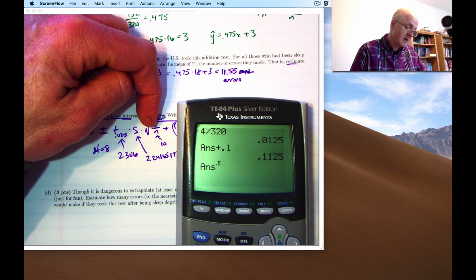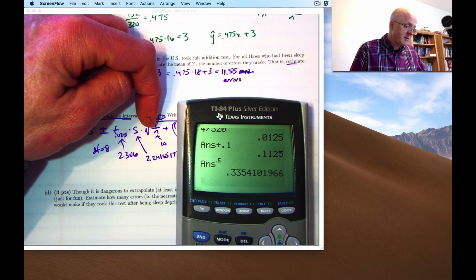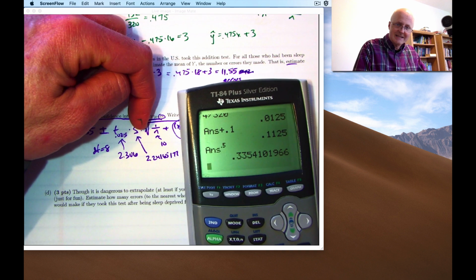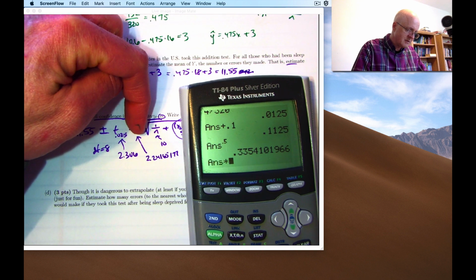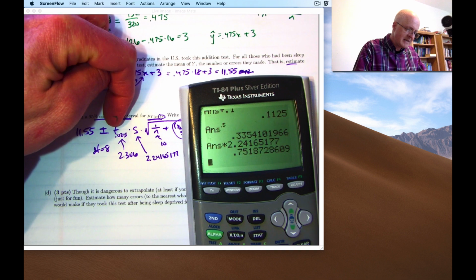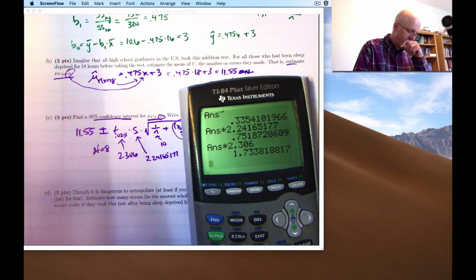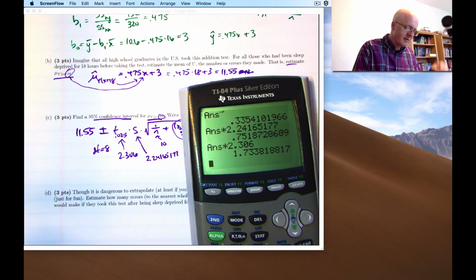You take the square root, it gets bigger. About 0.335 multiplied by S, 2.241651177, also multiplied by t, 2.306. To get a margin of error of about 1.73.